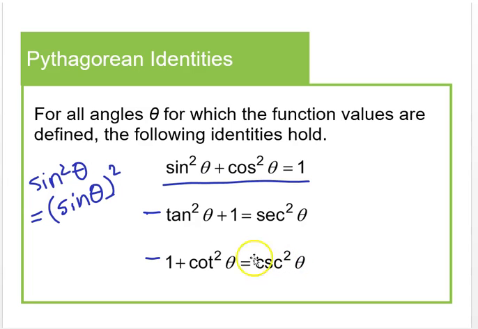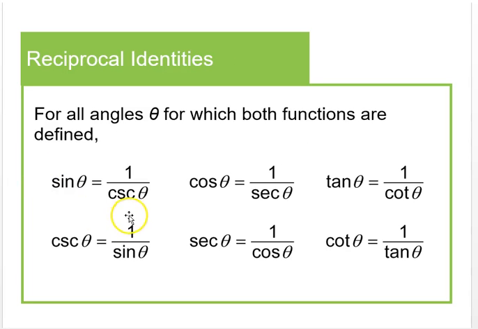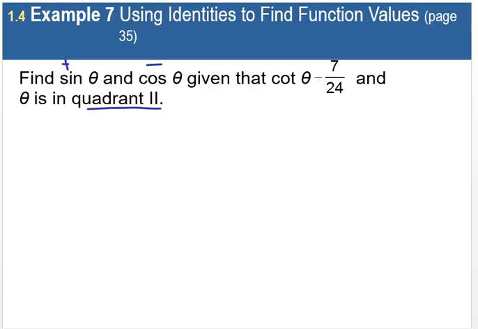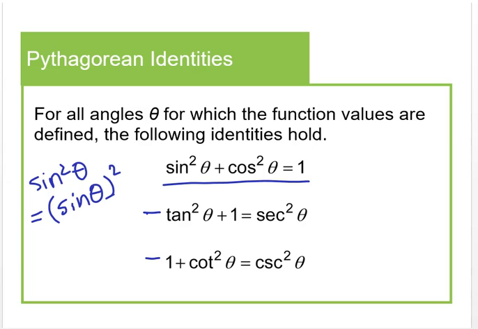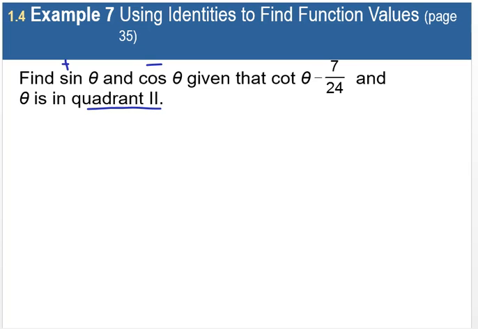And then once we figure out what cosecant is, from cosecant, we can figure out what sine is, because cosecant is 1 over sine. Hopefully y'all followed that logic there of what I'm about to do, because I'm going to say 1 plus cotangent squared theta is equal to cosecant. So let's write that down.